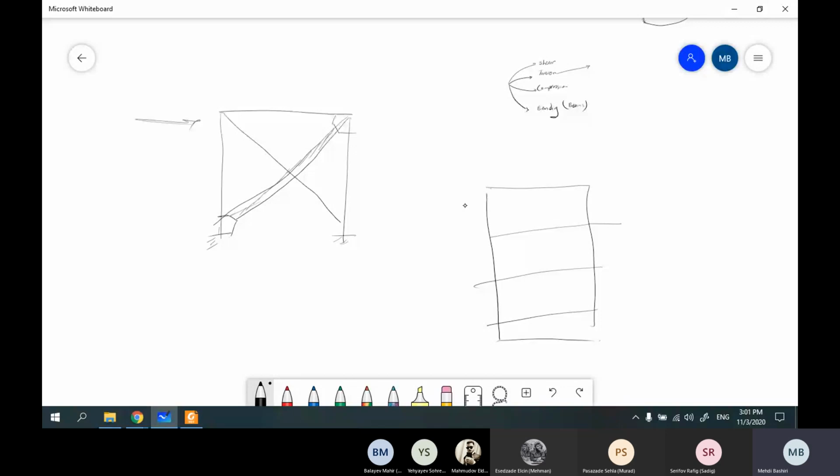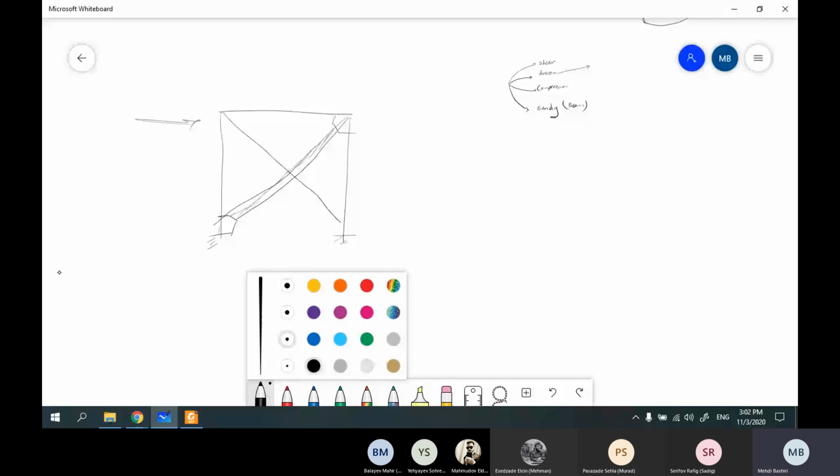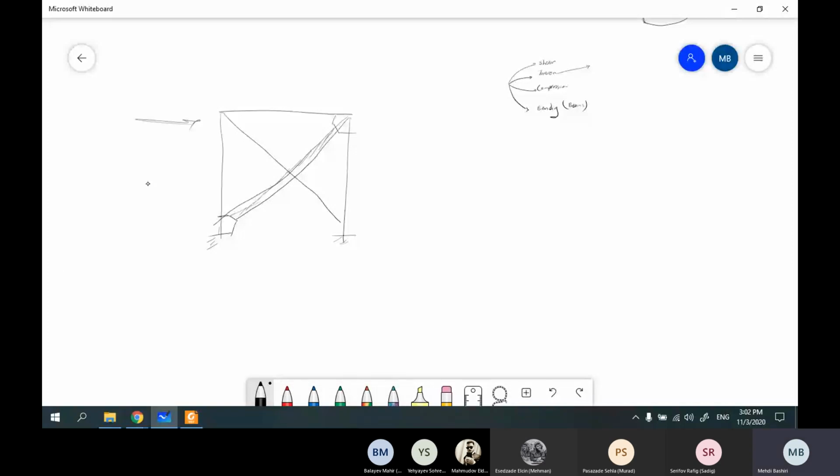In a steel structure, we have to use these braces, or if we have a concrete building, we have to use shear walls. But in old buildings, we don't have such a thing. So one of the members designed in our buildings are braces, and they are under compression or tension. So what's going to happen under tension?